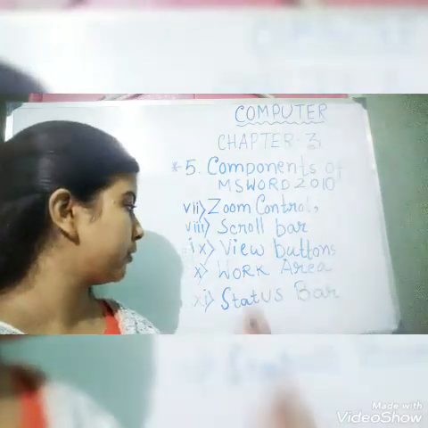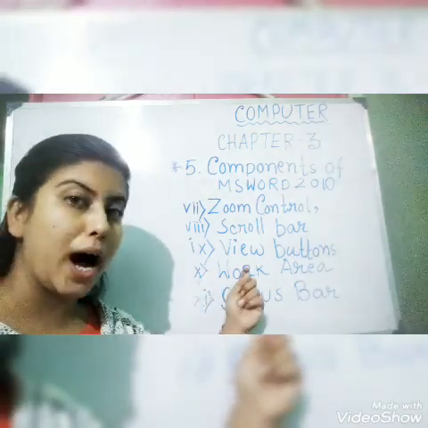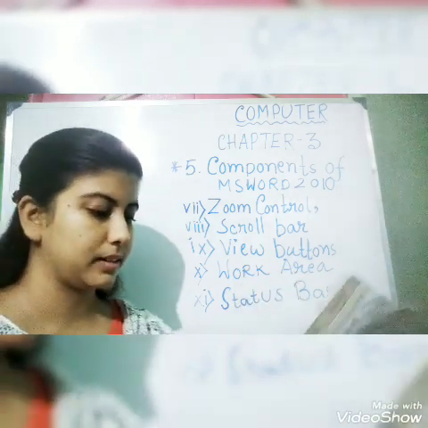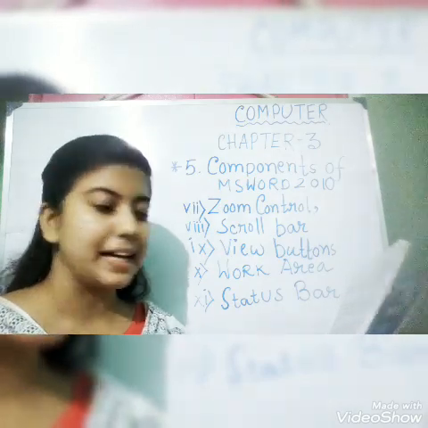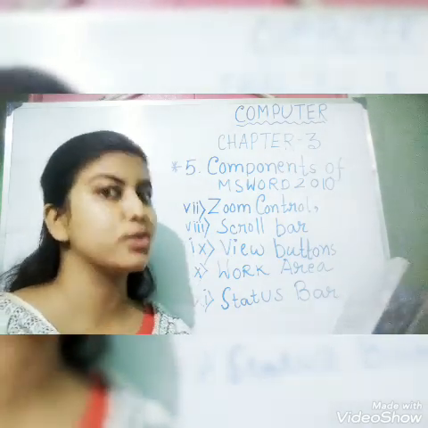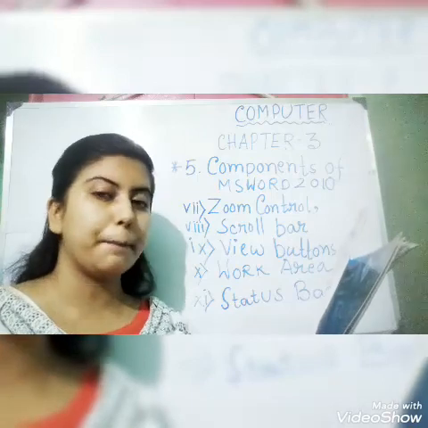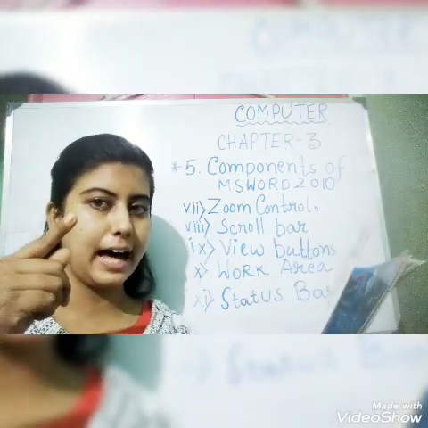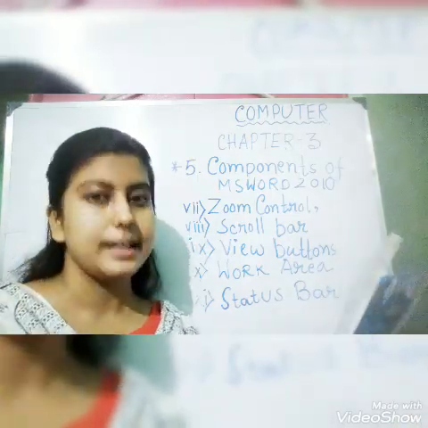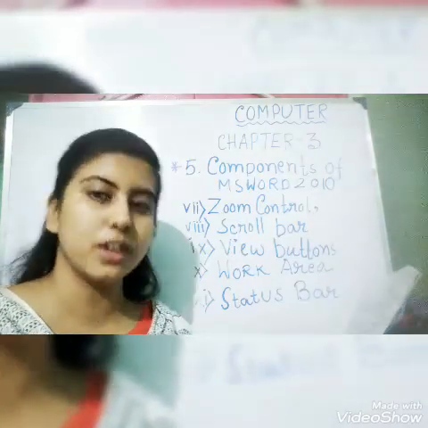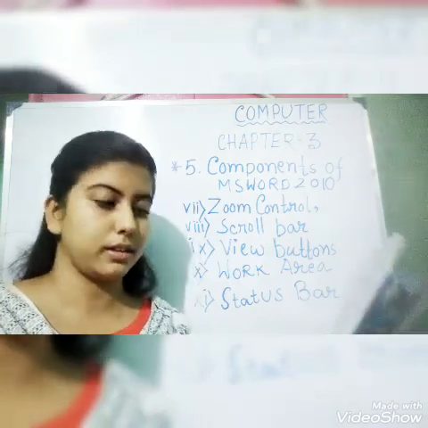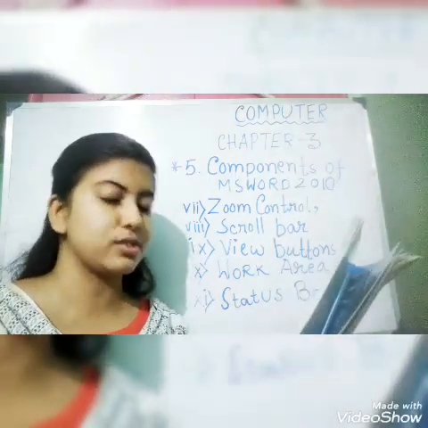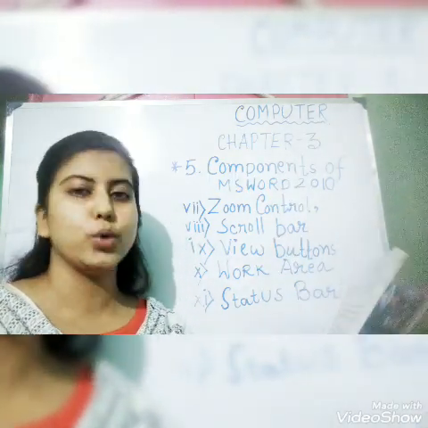Now, number 10, work area. This area is used to type text in MS Word. The blinking vertical line on the screen is called the cursor. It represents the location where the text will appear when you type.